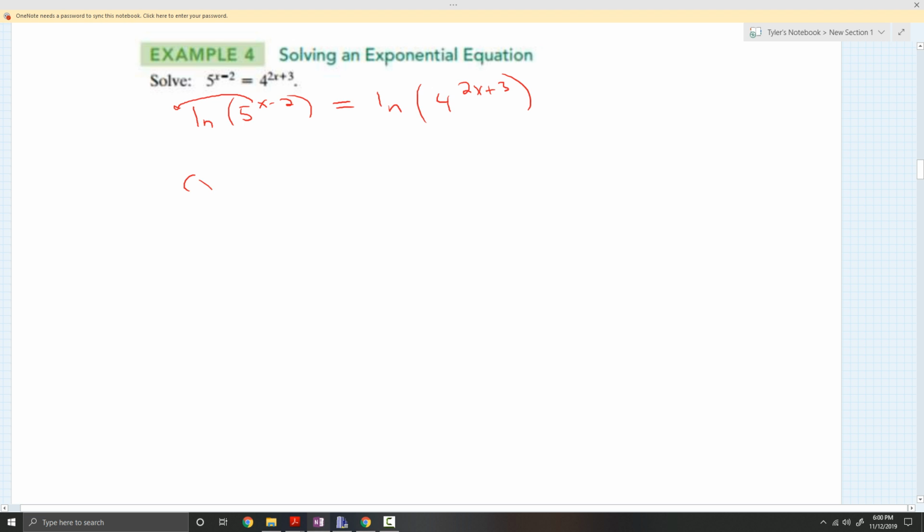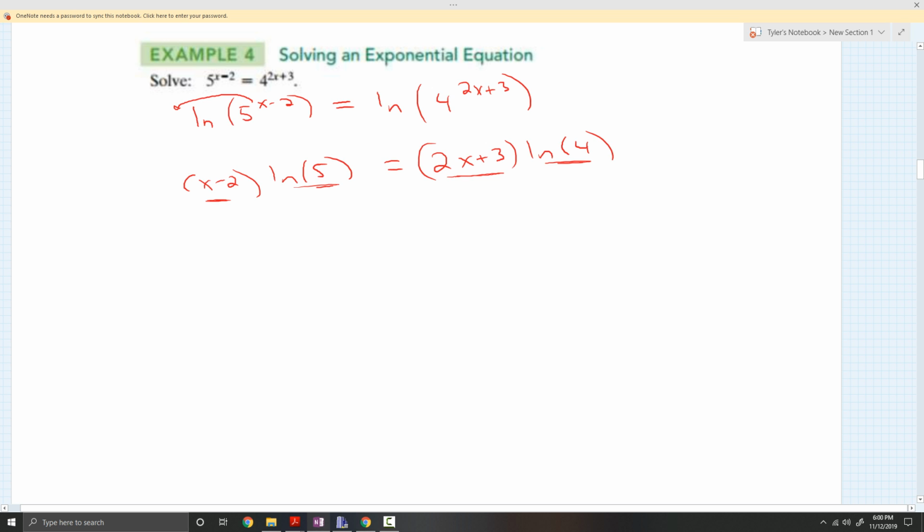So this would be x minus 2 times the natural log of 5 equals 2x plus 3 times the natural log of 4, right? You want to be careful with this in the sense that we're going to have to distribute. This is a number times a difference, and this is a number times a sum. So that's just like the distributive property.